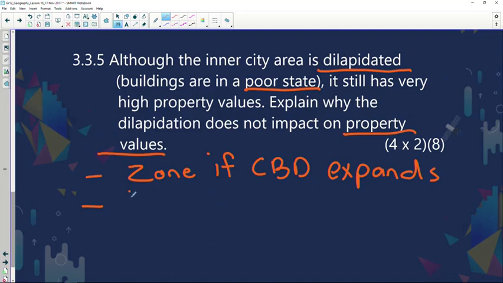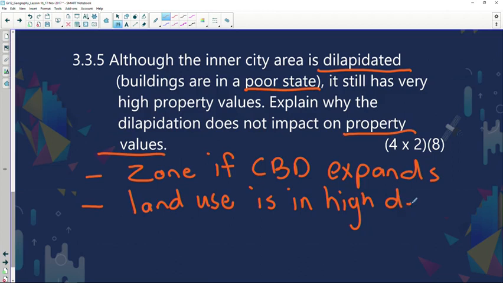So the land value is still very expensive. Another reason, the land use is in high demand. People want to be close to the CBD because that's where most of the services are, and that's where you probably get the best marketing of your own business.